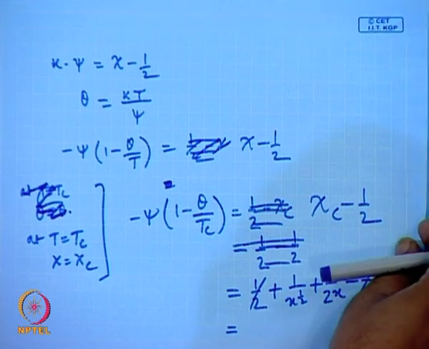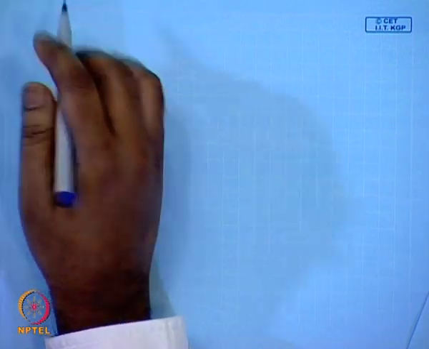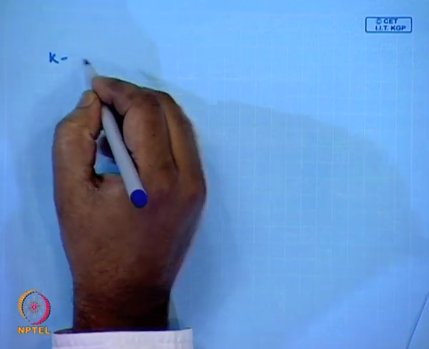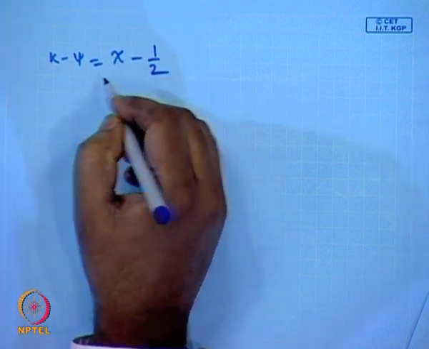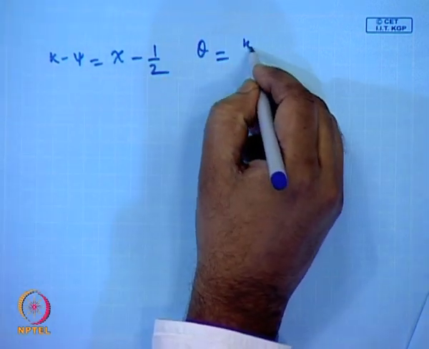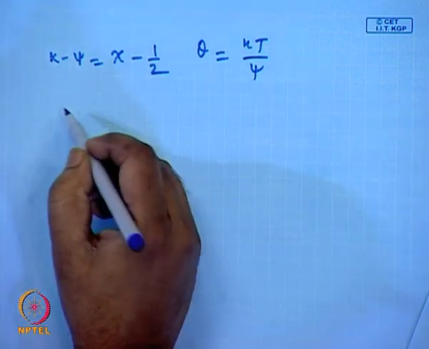Let me do it again because there is some confusion. So, kappa minus psi we know, half theta is T by psi.